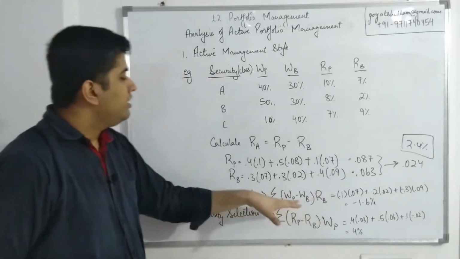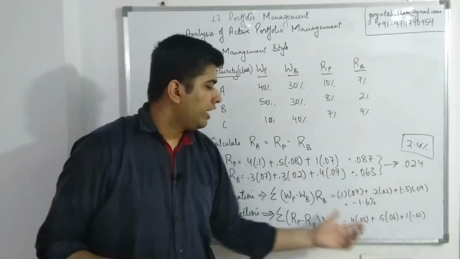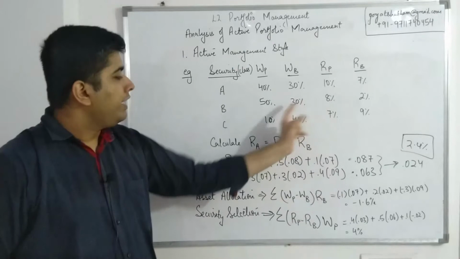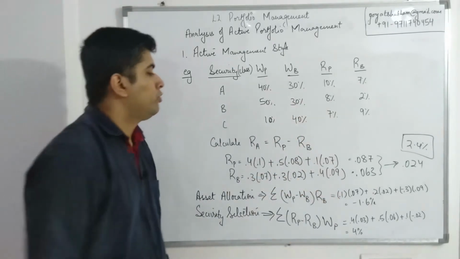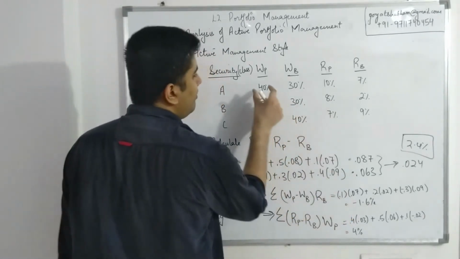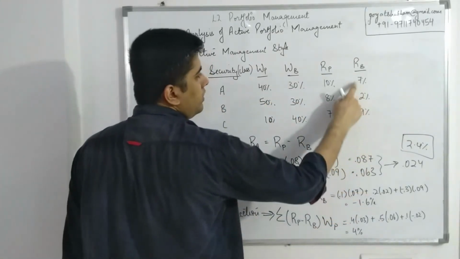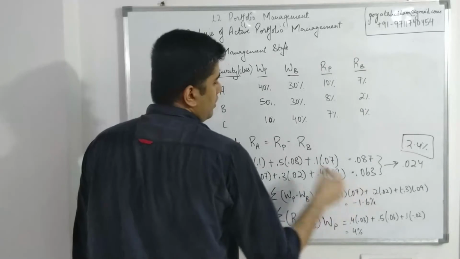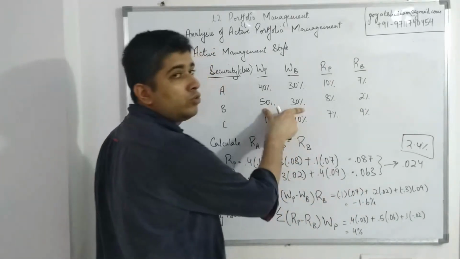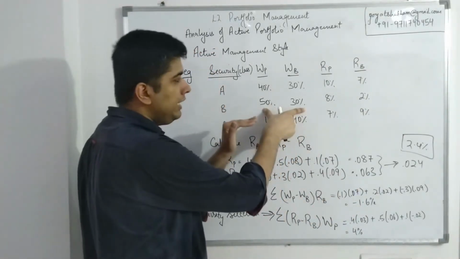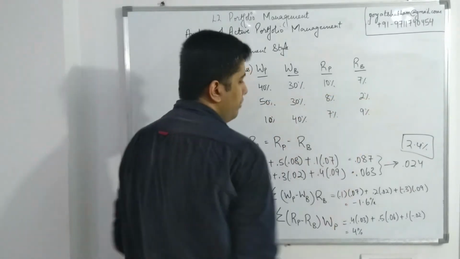So give it a try, see if you can solve for these values as well. If you solve for these values, this is sort of what you'll get. I'll just quickly recap where all of these values have come from. This 0.1 is the difference of weight of portfolio and benchmark for security A. This 0.7 is the return. Then for the next term, the difference between these two. So I'm taking difference of weights and multiplying it with return of benchmark.